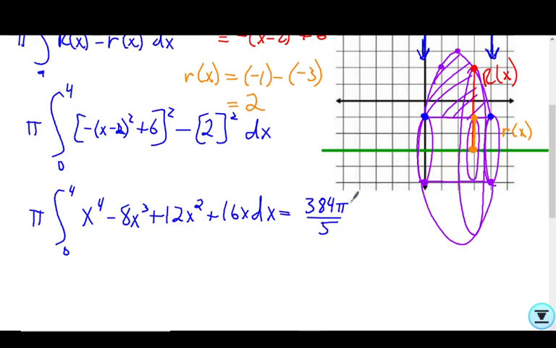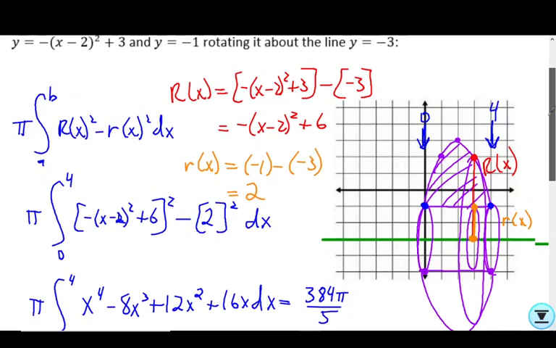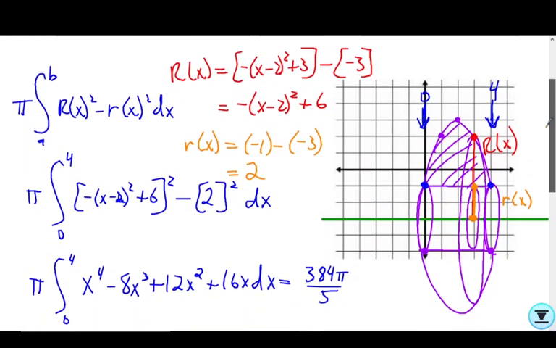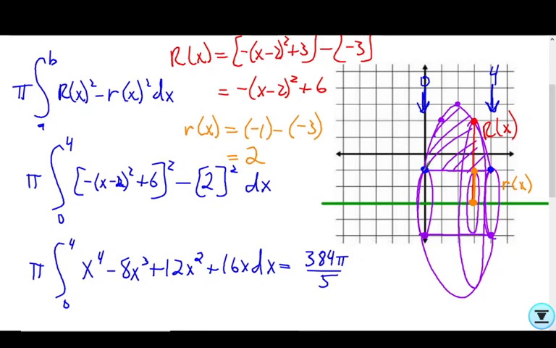So basically, the only difference between the problem with washers and the disc problem is in the disc problem, your axis of rotation was right here. I had no gap. And basically it was just this equation right here, -(x - 2)^2 + 3.